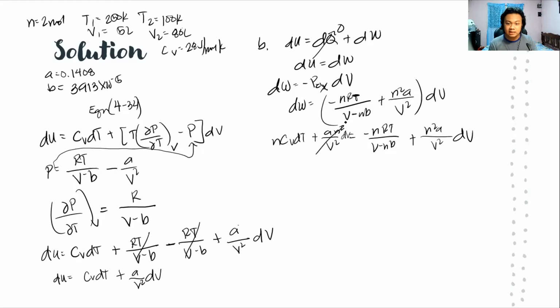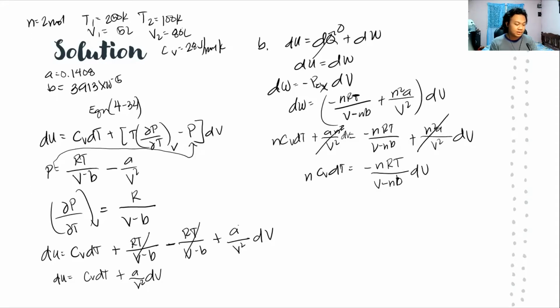So we are left with n Cv dT and negative nRT dV over V minus nb.